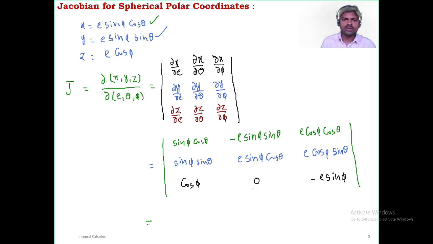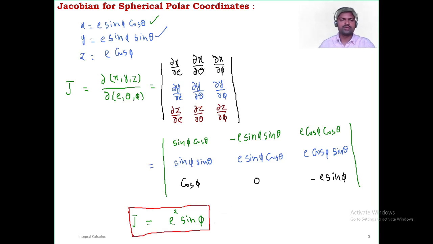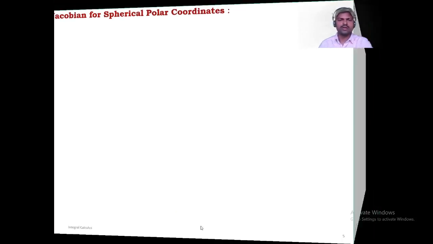Since you got 0 here, you will get it easily. You are supposed to get rho square sin pi. Once you try, you will get rho square sin pi. Okay, this is the Jacobian. From now onwards, the Jacobian in the spherical polar coordinate system will be rho square sin pi.